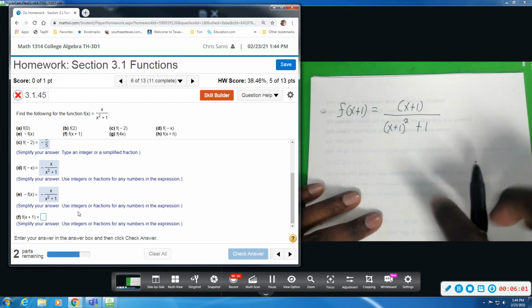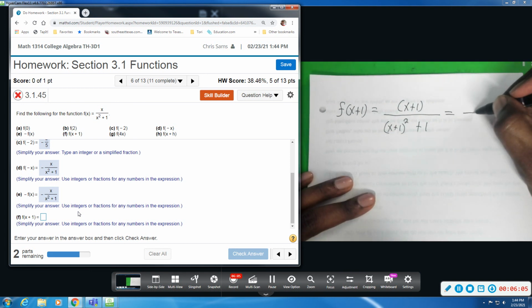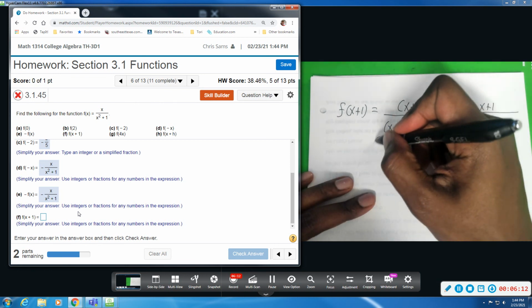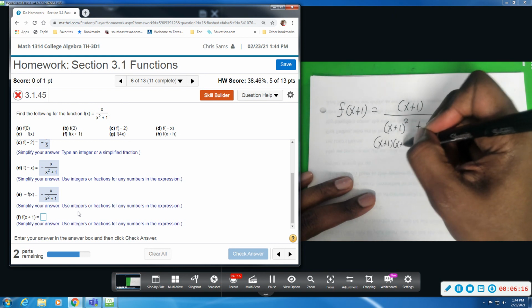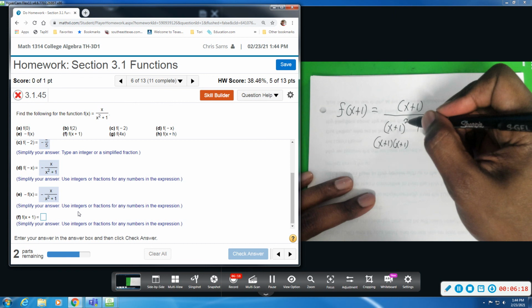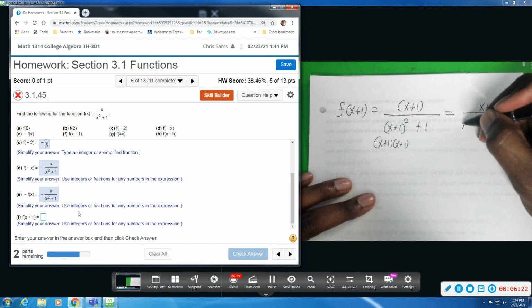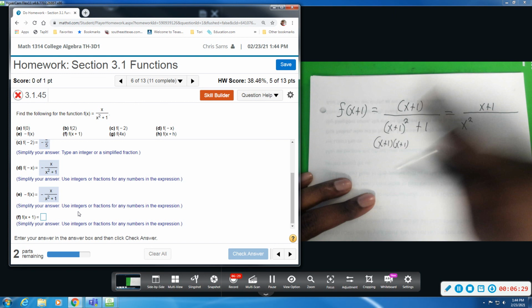So we're going to distribute and FOIL this all out. On the top, nothing to do. We just have x plus 1. When you FOIL this out, what we're doing is x plus 1 and x plus 1. But I'm going to go ahead and do the work. There's a shortcut. If you square the first term, multiply the 2 middle terms, so that'll be just 1x, and then times 2, so that'd be 2x.